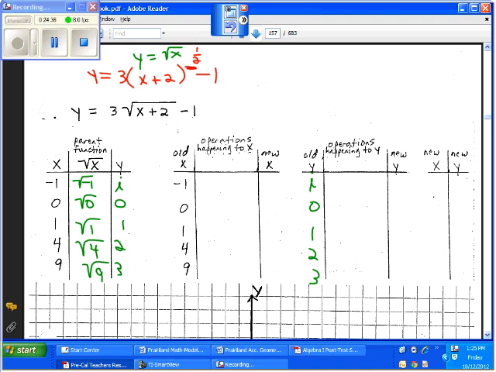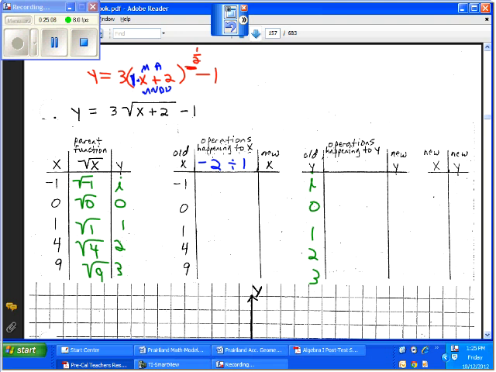Now remember that what's happening to x is what's on the inside: 1 times x, 1 times x plus 2. And what we're going to do to x is undo, correct? Which one would you undo first? Addition by subtraction, and then you would undo multiplication by division, and we know if you divide by 1, it's the same thing. Okay?